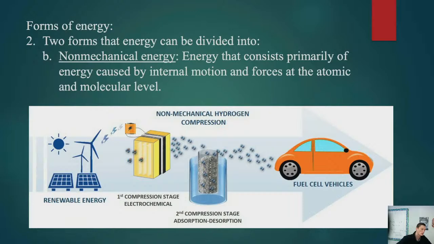Like renewable energy through wind currents or solar. You also have batteries, how they store energy. Also different things like a car, how there are things working inside of a car. It's not actually just going and going. These are our forms of energy.